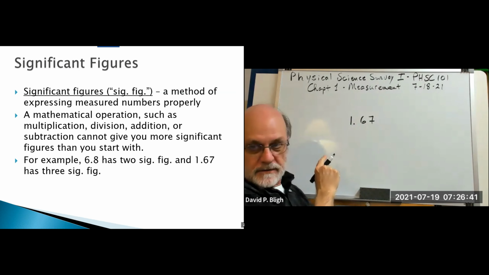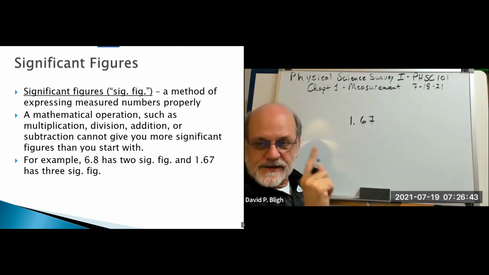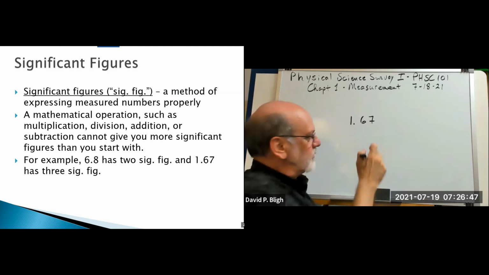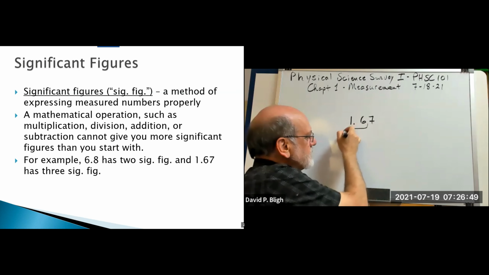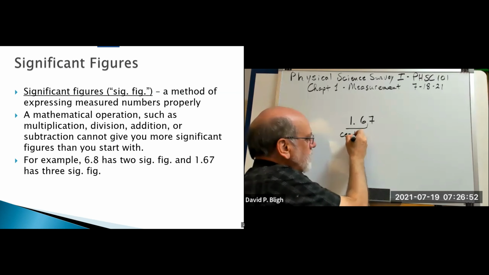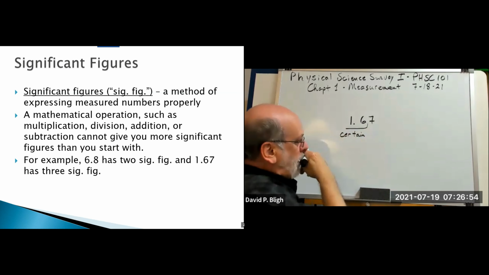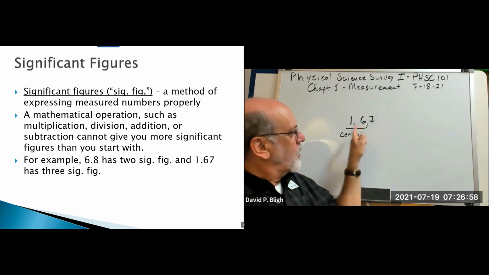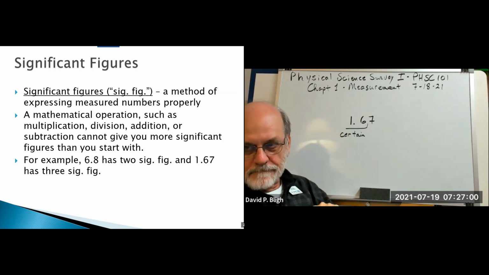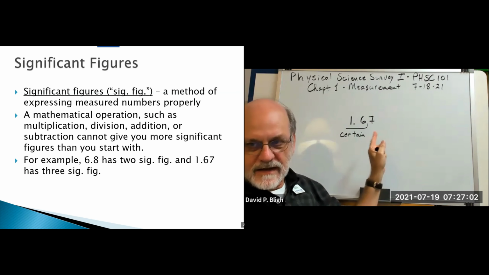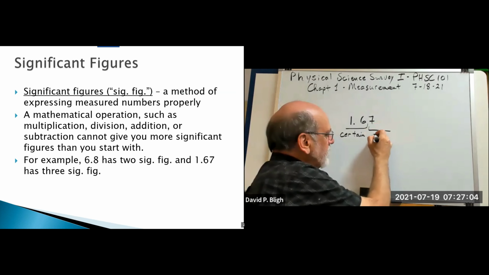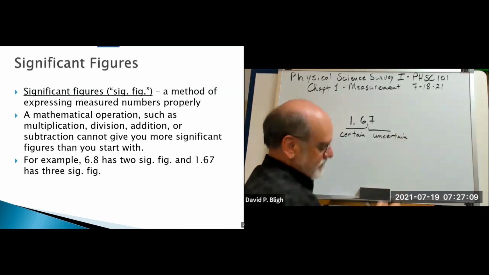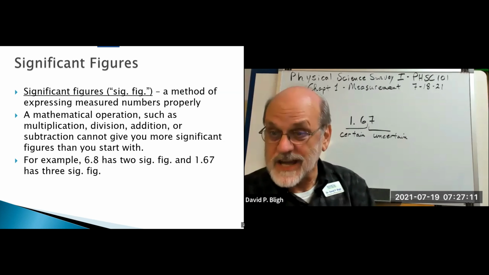For this number, if another scientist sees that number as your measurement, they automatically assume these digits are certain. That is, there's no error in those values. The last digit to the right is uncertain. It's essentially an educated guess.